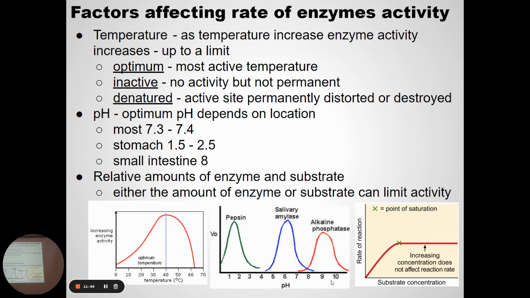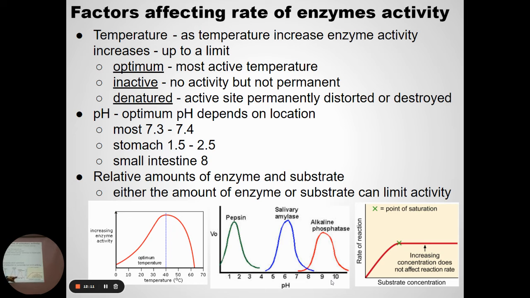Another factor is pH. So pH is a measurement of how acidic something is. And enzymes work best at certain pHs. We can see that in this graph. Pepsin, which is an enzyme found in our stomach, works best at a low pH.